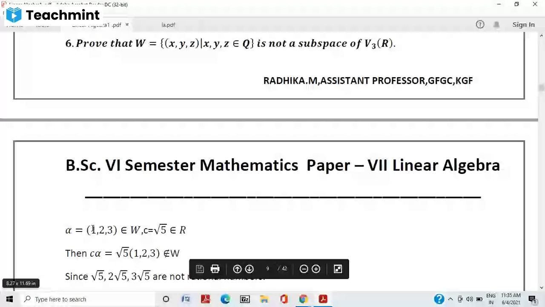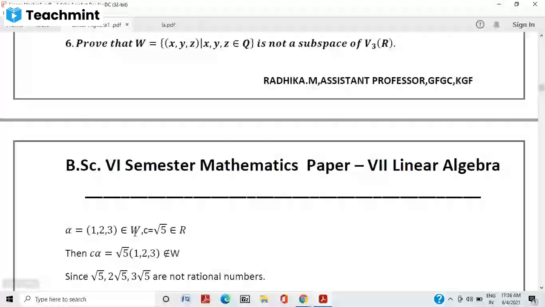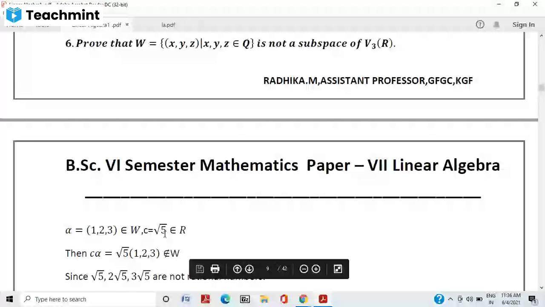We take C equal to root 5, which belongs to R. It's a real number because we take it from F, but here F is R. Root 5 is an irrational number, and irrational numbers are also included in the real numbers.